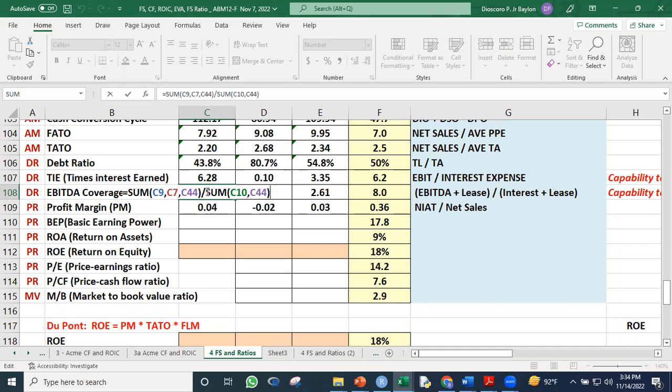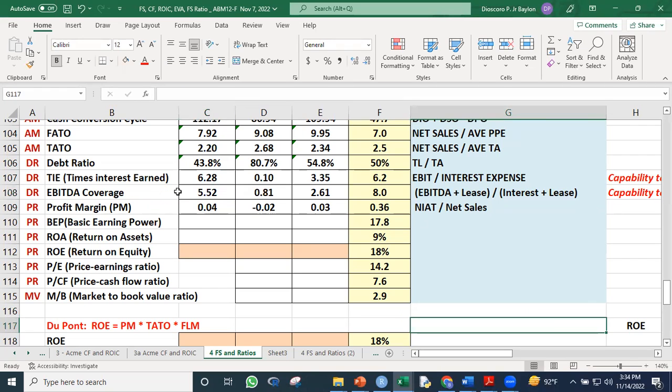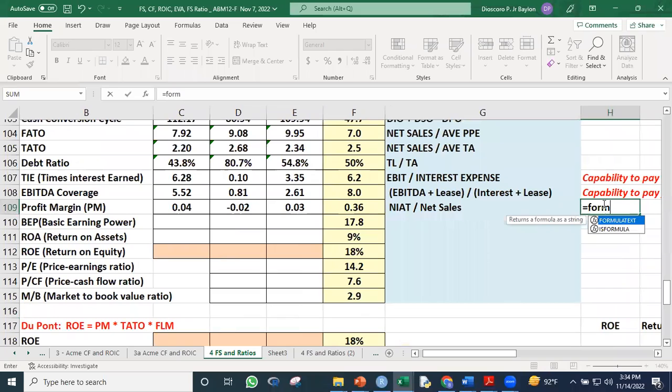And then add the lease, and then divided by the interest and the lease payment. So this was the formula that I used in getting the EBITDA coverage. For the benefit of those who might not have been able to get this, I'll just put here the formula text.